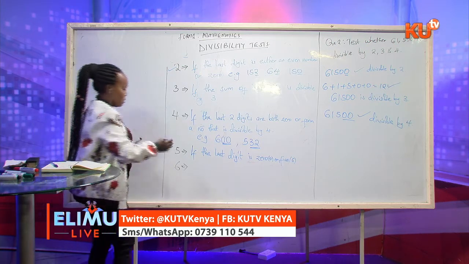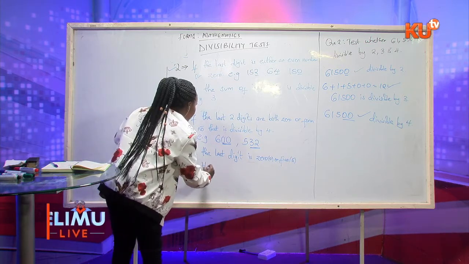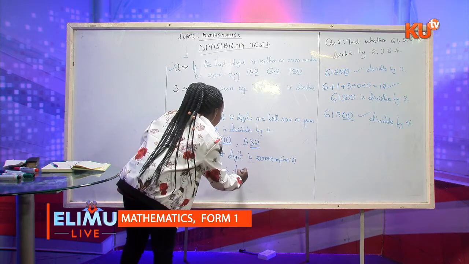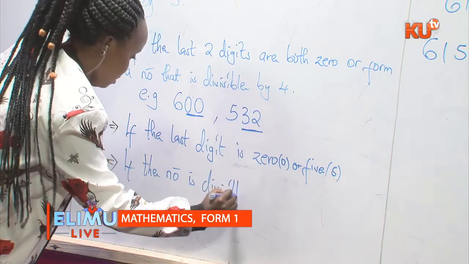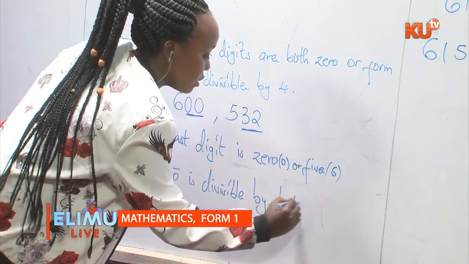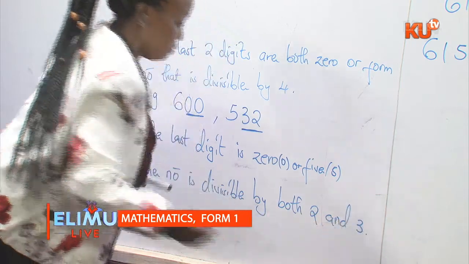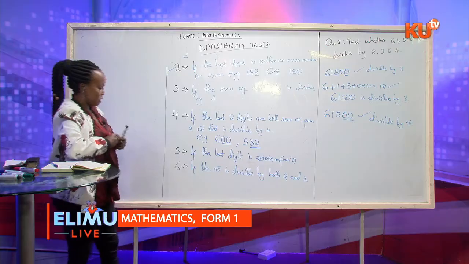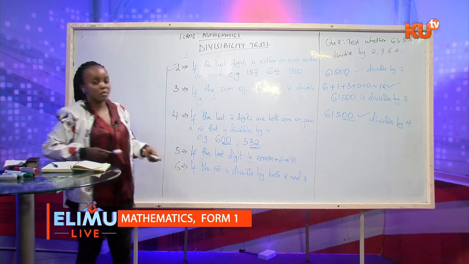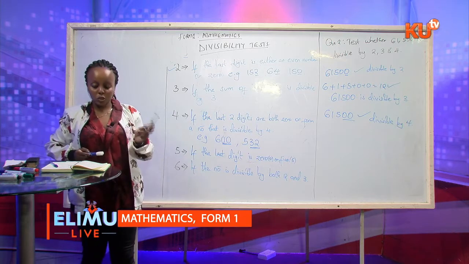So we know that the divisibility test for 6 is a number is divisible by 6 if that number is divisible by both 2 and 3.